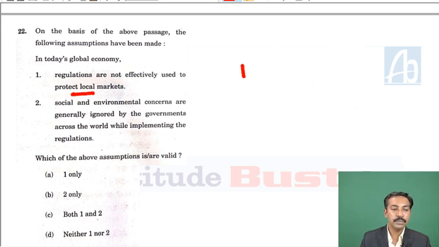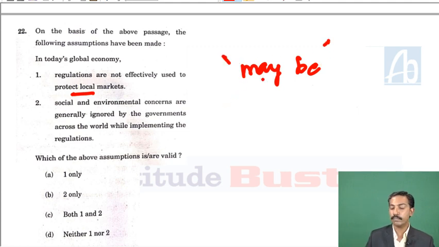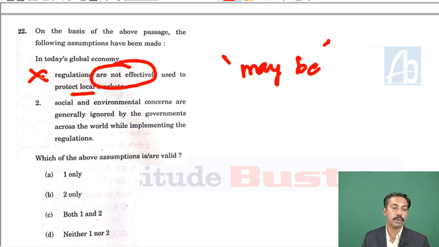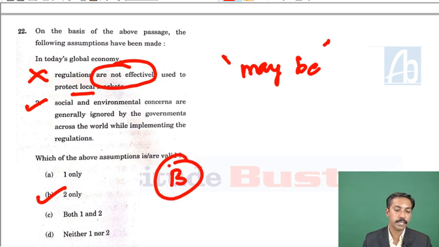When there is a reference to a statement directly wherein the keyword is may, regulations may be used to protect local markets, we cannot say are not effectively. So statement 1 is invalid. Going by the last sentence, we can consider this assumption to be valid. Answer for this question is second statement only, option B.